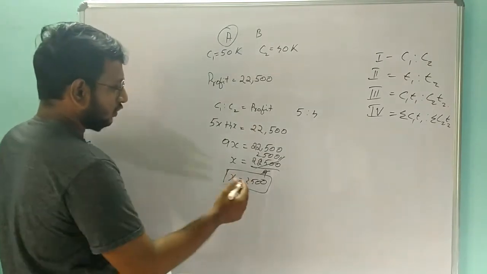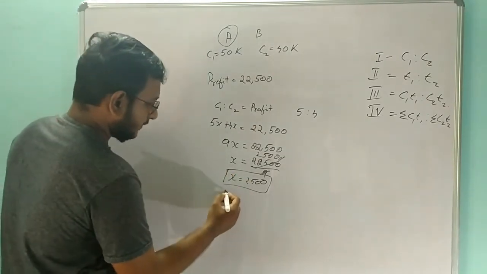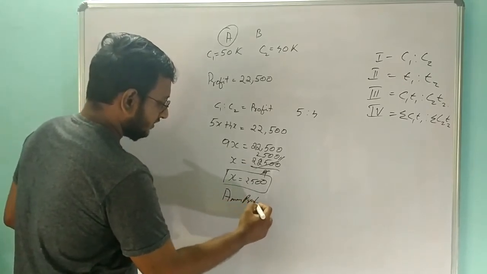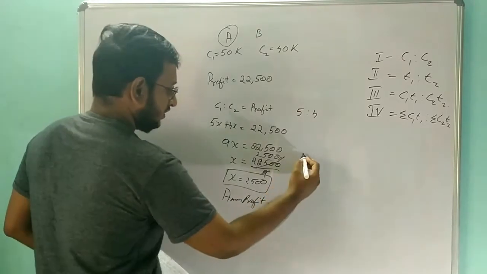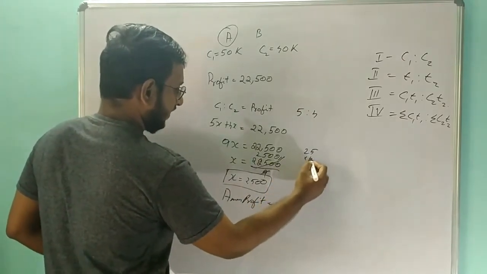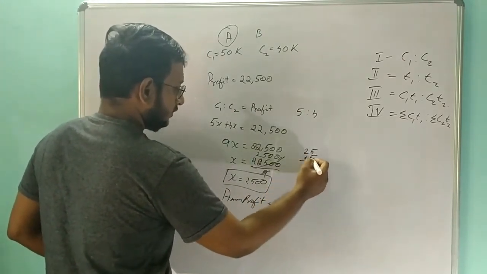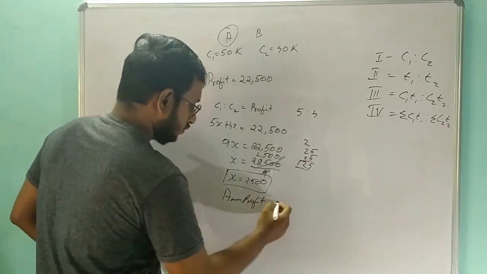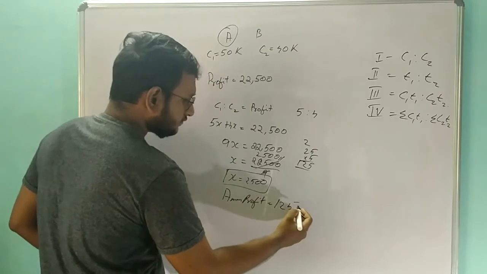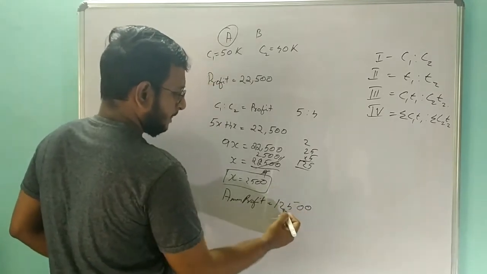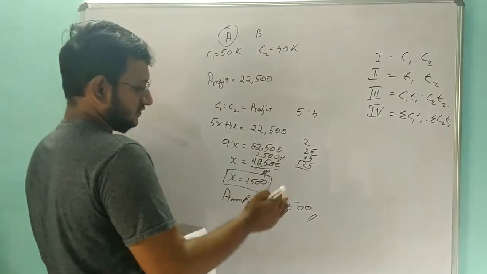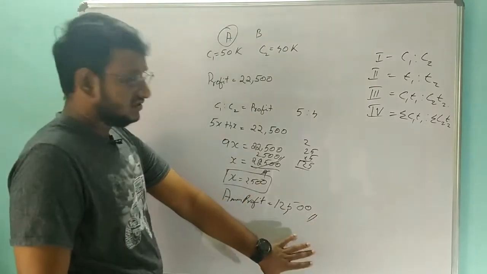So 5 into 2,500, which is nothing but Aman's profit. 25 into 5, so we will be getting 125, right? So Aman's profit in the total profit of 22,500 is 12,500.